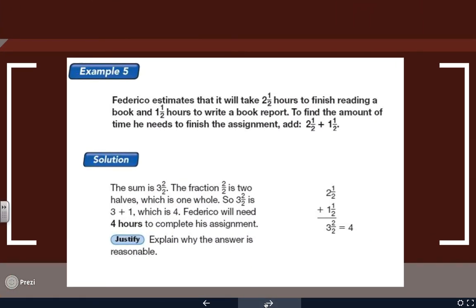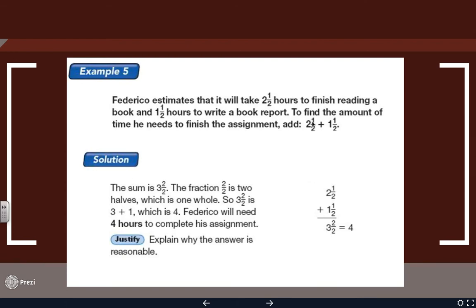All right, in example number 5, Federico estimates that it will take 2 and 1/2 hours to finish reading a book and 1 and 1/2 hours to write a book report. To find the amount of time he needs to finish the assignment, add 2 and 1/2 plus 1 and 1/2. Remember, we're going to add our whole numbers first. 2 plus 1 equals 3.